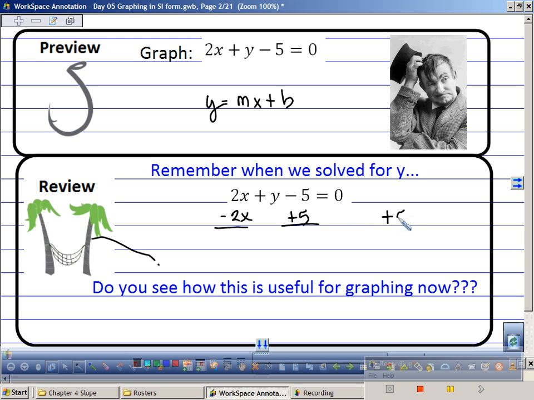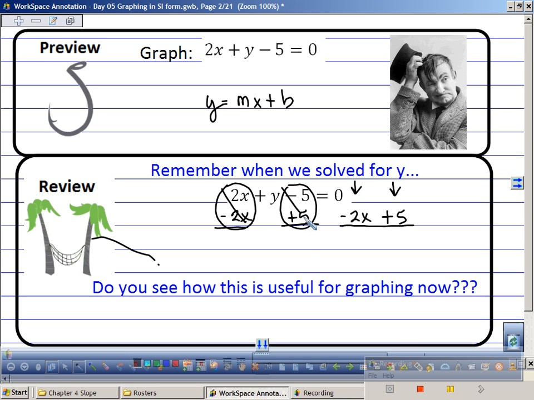I'm going to add the 5 over here because I want it to be in this form. I want my constant on the right, and I want my x and my slope on the left. I'm going to put negative 2x right here. See how I did that? I put that one there and that one in its place there. So let's finish this up. This goes away.